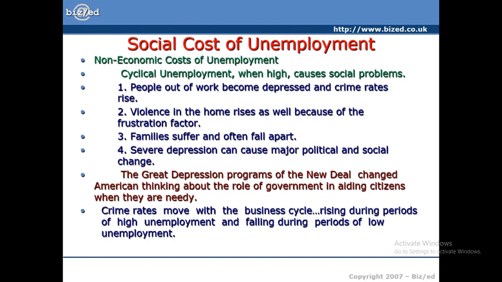So there is the economic cost, which we learned is Okun's law, and we also have the social cost of unemployment. Unemployment is the most severe problem that an economy faces, because when unemployment occurs, crime rates increase, families suffer, and people may even commit suicide.